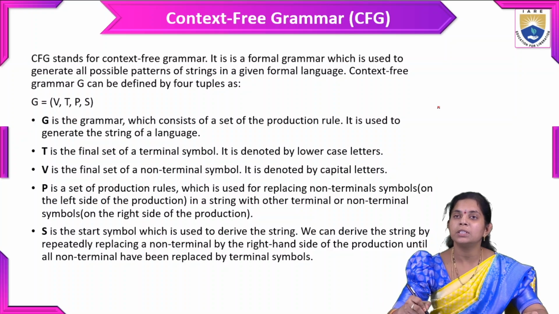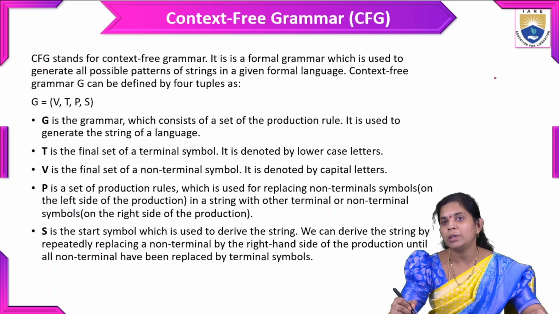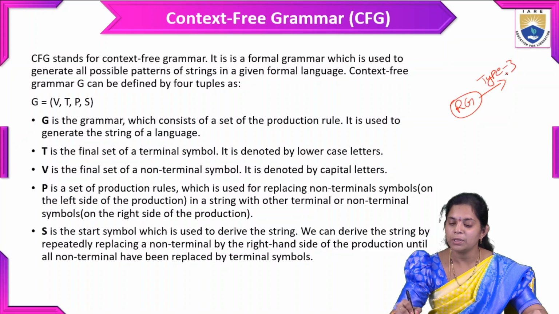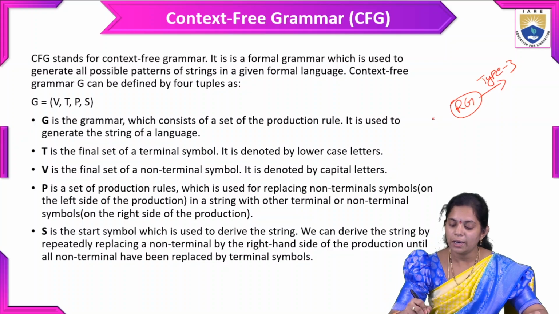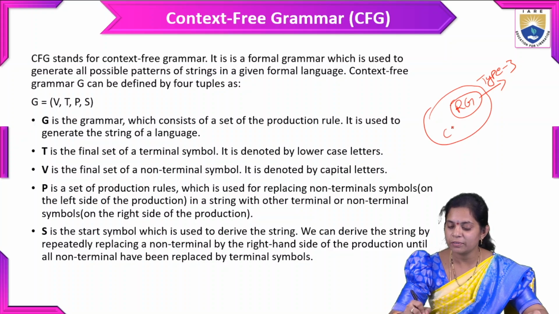Coming to the Chomsky hierarchy, we have grammars of four types. One is the regular grammar. Regular grammars are represented with type 3. These are RE, RG, which represent a regular grammar, and we also have the context-free grammar.